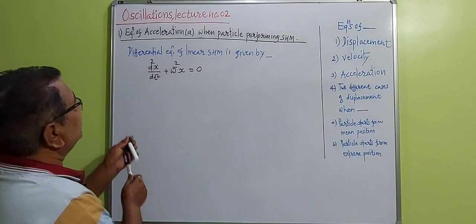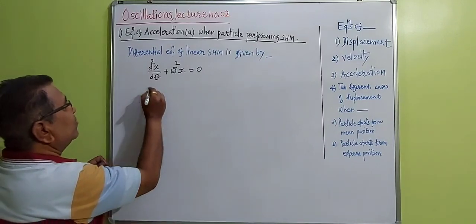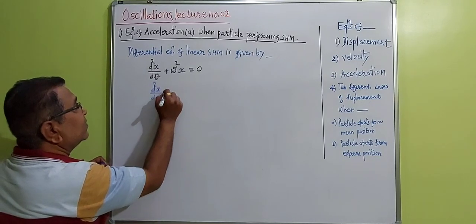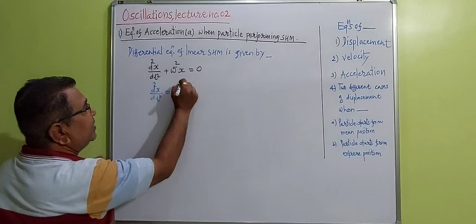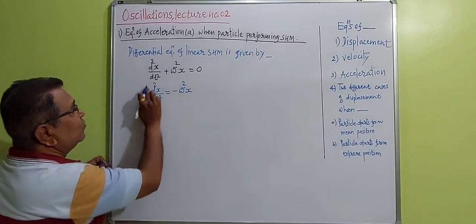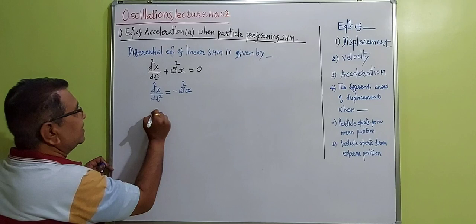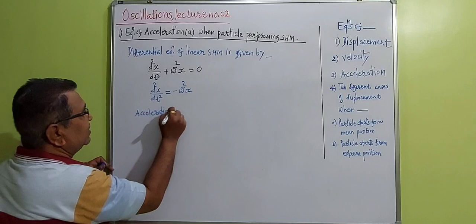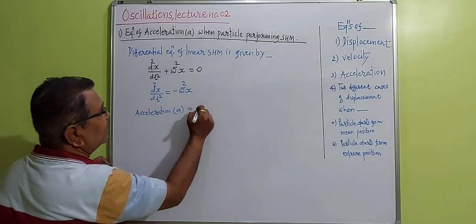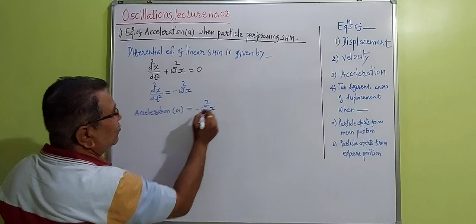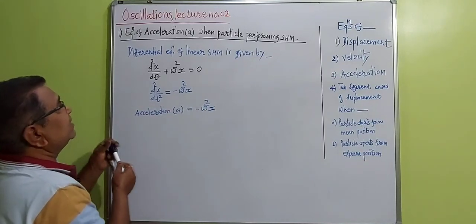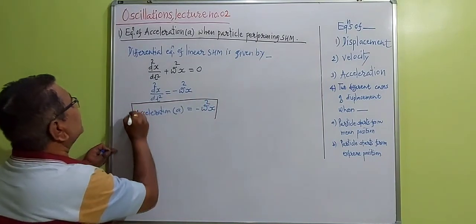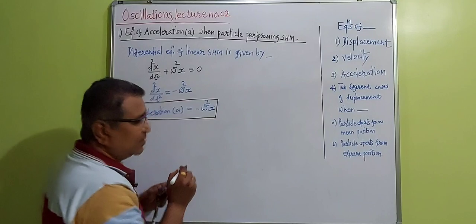From this differential equation you get the equation of acceleration, that is d2x upon dt square is equal to minus omega square x. This d2x by dt square we call acceleration, always denoted by small a, which is equal to minus omega square x. So this is our first equation when a particle is performing SHM.